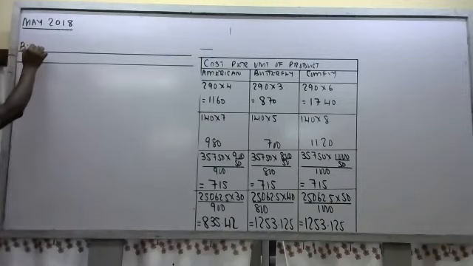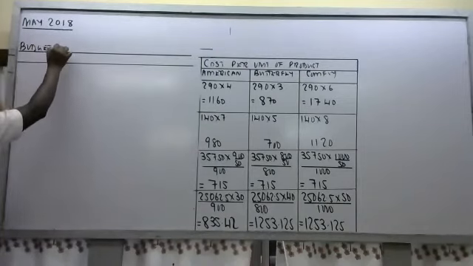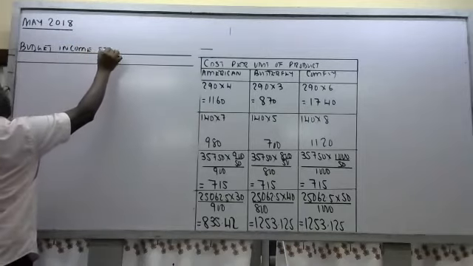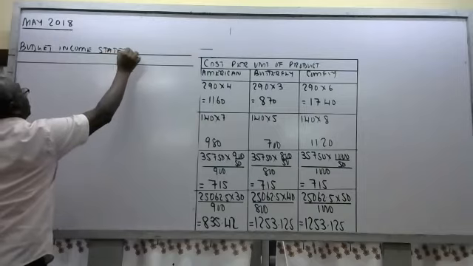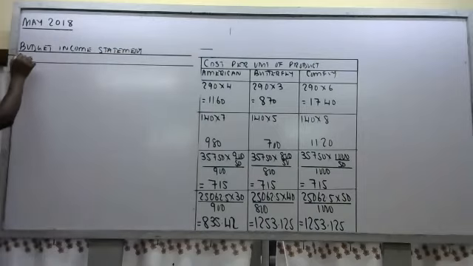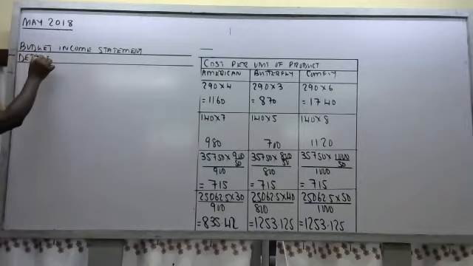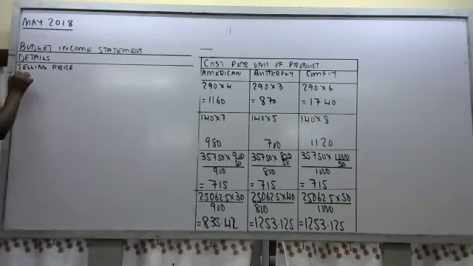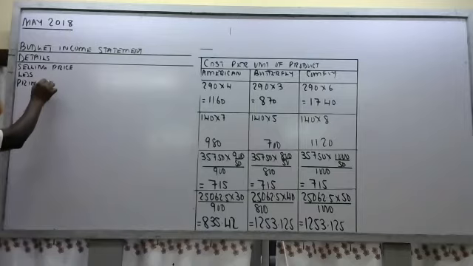So, budget income statements. We have details here. Once again, we bring the selling price, then we say less prime costs.